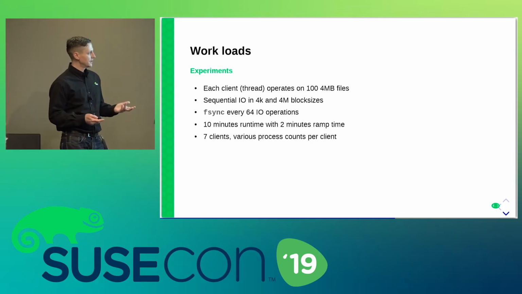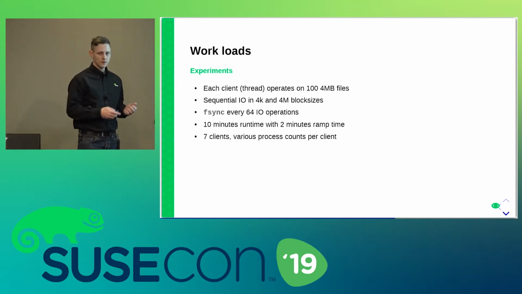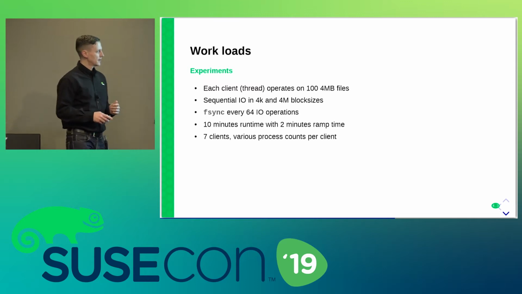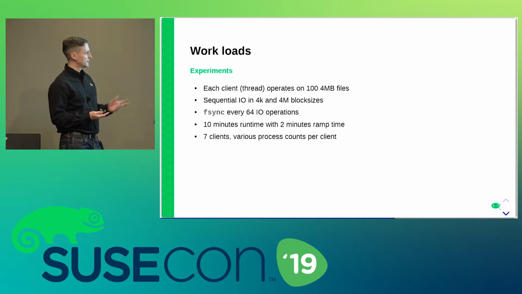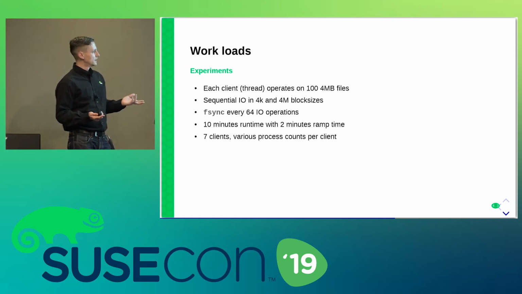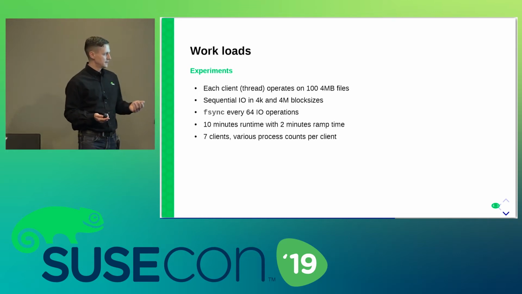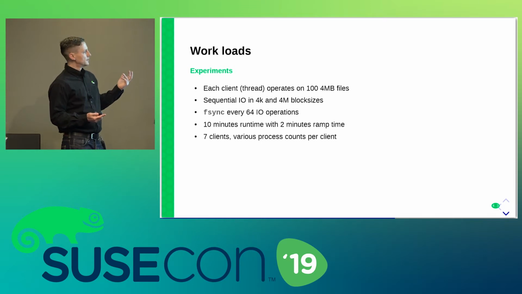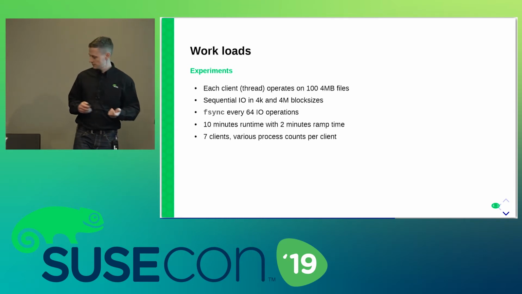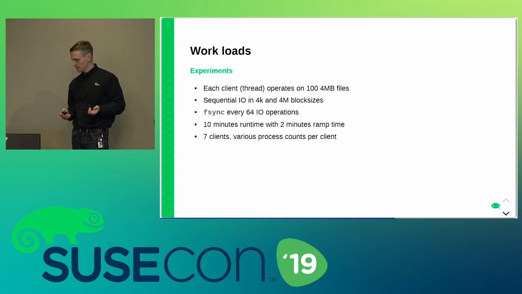To not run completely out of cache, we added fsync calls every 64 I/O operations. We're running each experiment for 10 minutes with a 2-minute ramp time. And as I mentioned, 7 clients, not 9, with various process counts per client node.